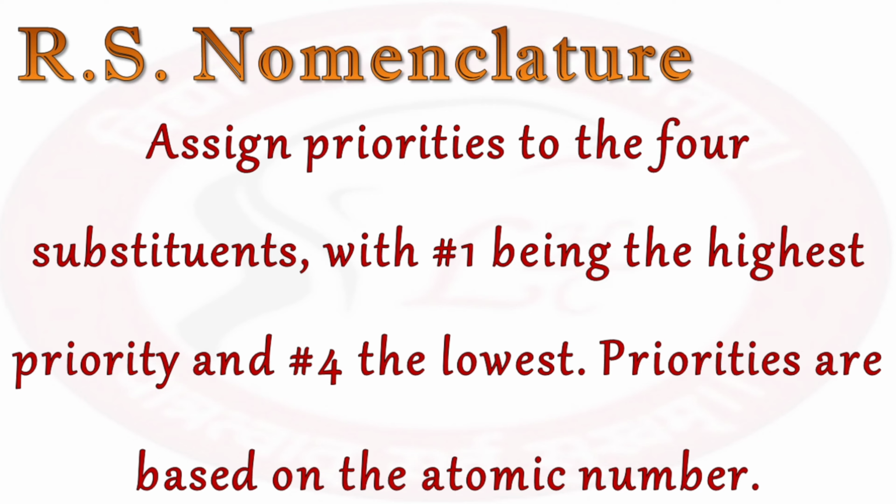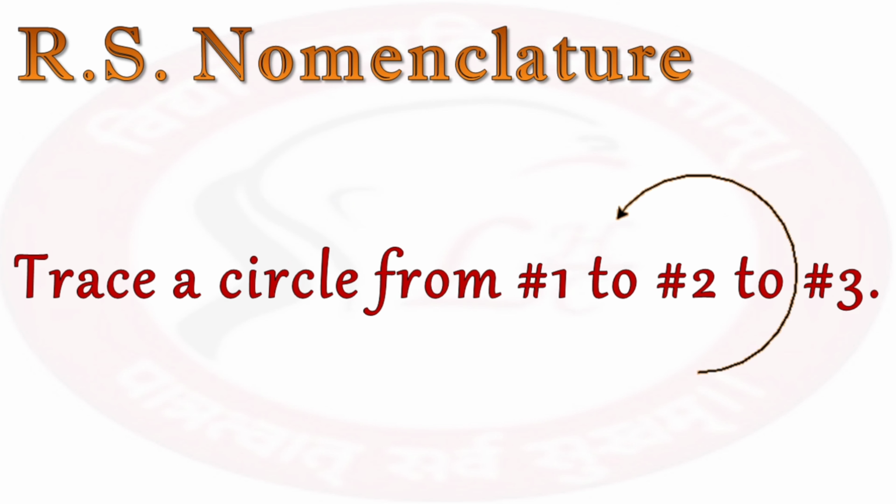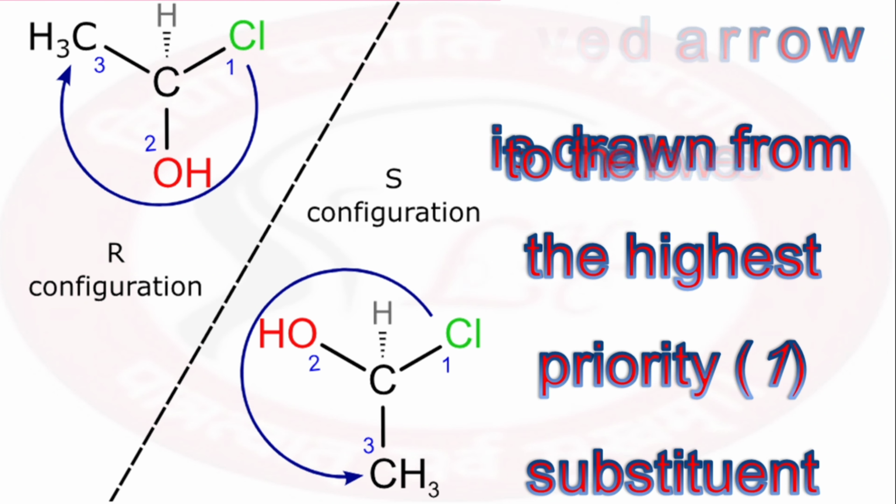Now we have to make sure that lowest priority group is pointing away from us. Away from us means from you it should be pointing away. It is attached to the hashed wedge in the 2D spatial arrangement. Now draw a curved arrow from highest priority substituent to the second lowest priority substituent.